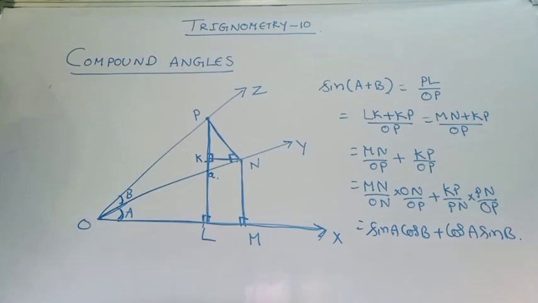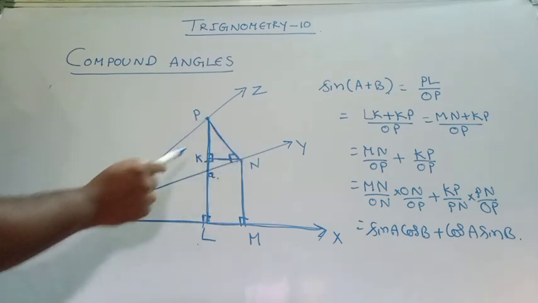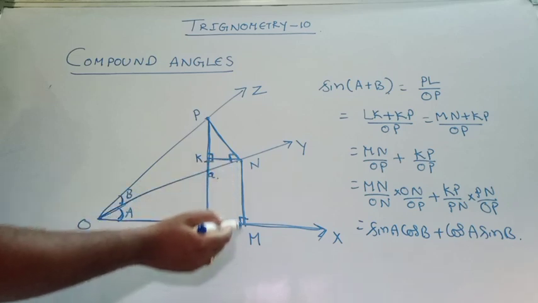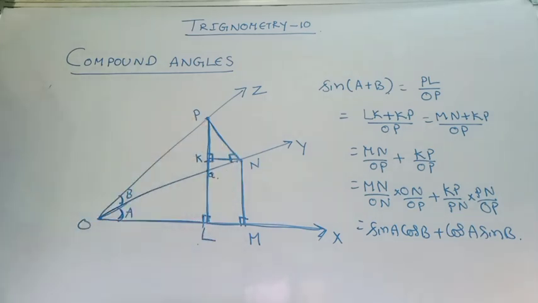It is nothing very simple, my dear student. You draw perpendicular from P to the x-axis, from P to the y-axis OY. From N also you draw perpendicular such that you get a nice rectangle like this. You name them like this, right? Wonderful. This is what we have got here.